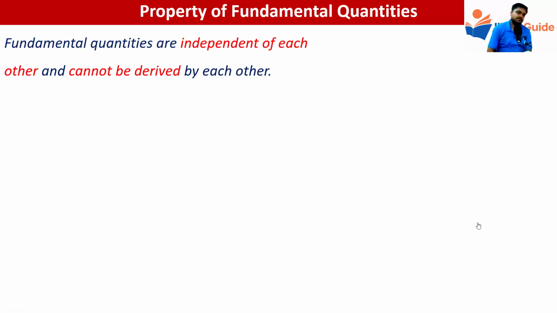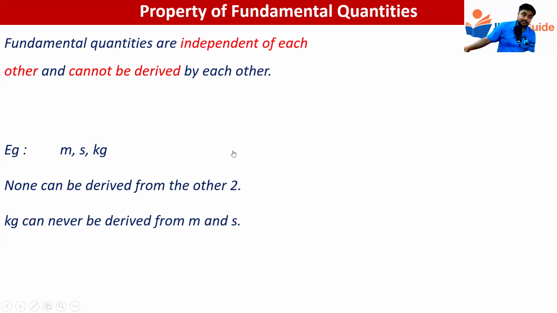So they are independent of each other and they cannot be derived by each other. Okay. So like meter, second, kg. So none can be derived from the other two.